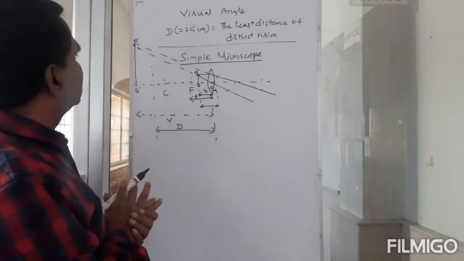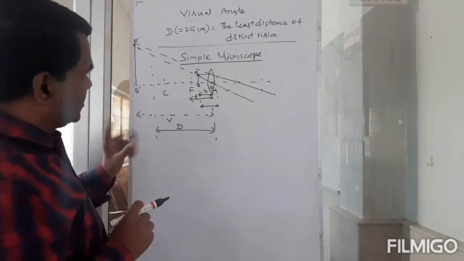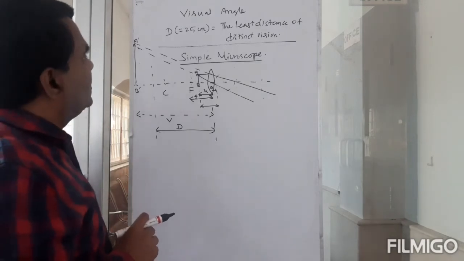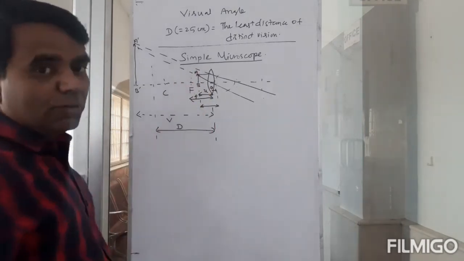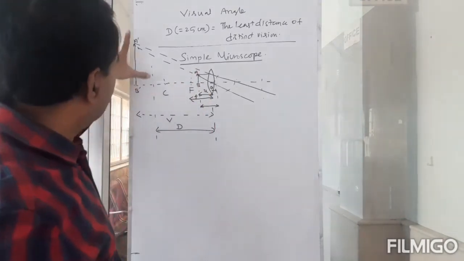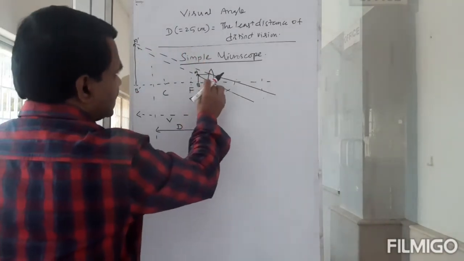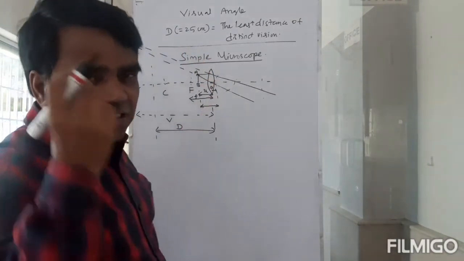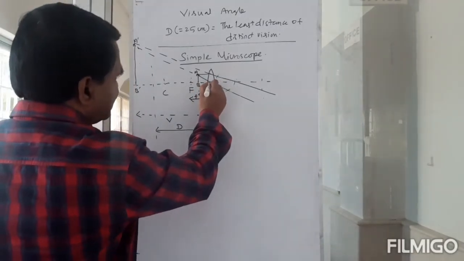So with that, let's see what's going to happen now. What is the angle this image is going to make? I told you that this O, the optical center, is as good as my pupil, so I can treat this as my pupil.